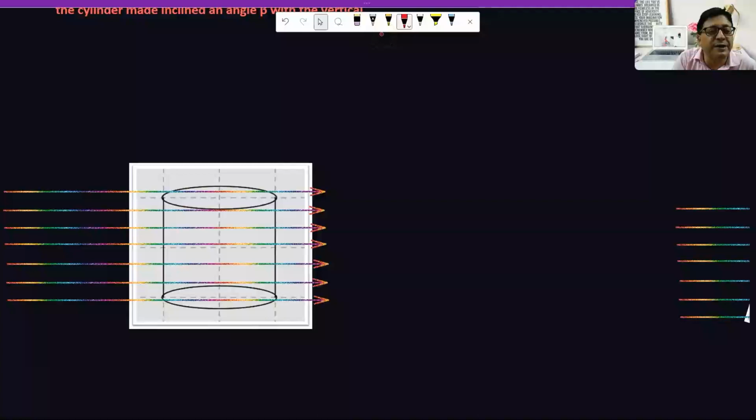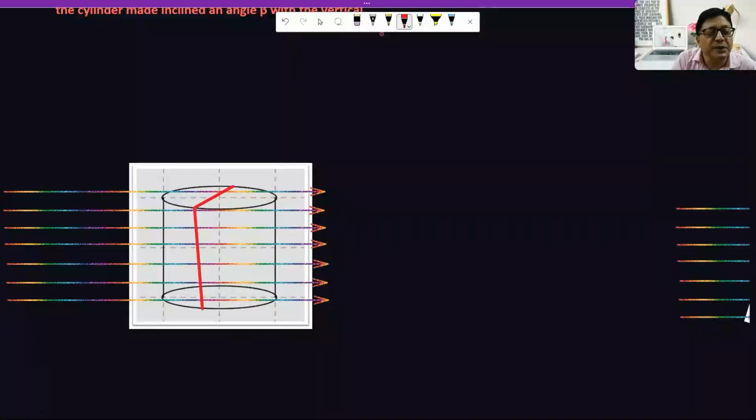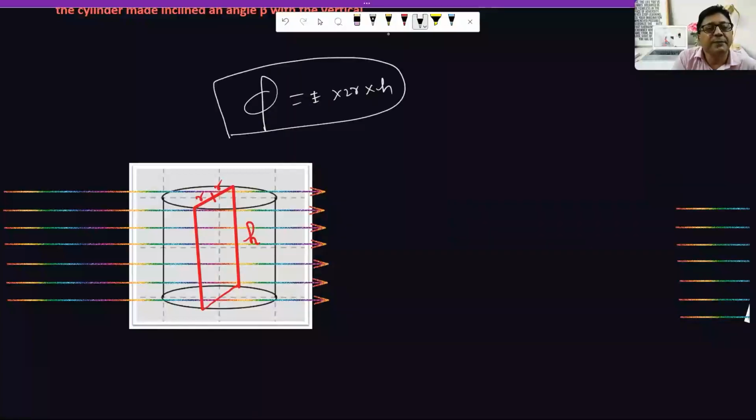In the first session only I explained that for the electric flux, the part of the cylinder which is perpendicular to the direction of field lines is responsible. Okay. We have taken this area only, where h is the height and r is the radius. So the diameter is 2r. We calculated phi equal to E into 2r into h. We did this in the past session.